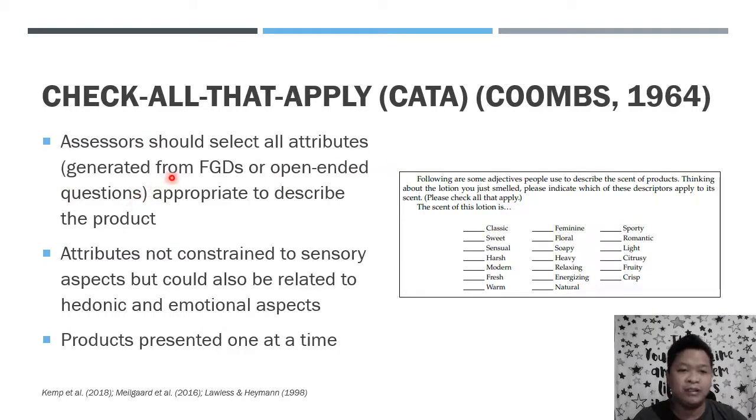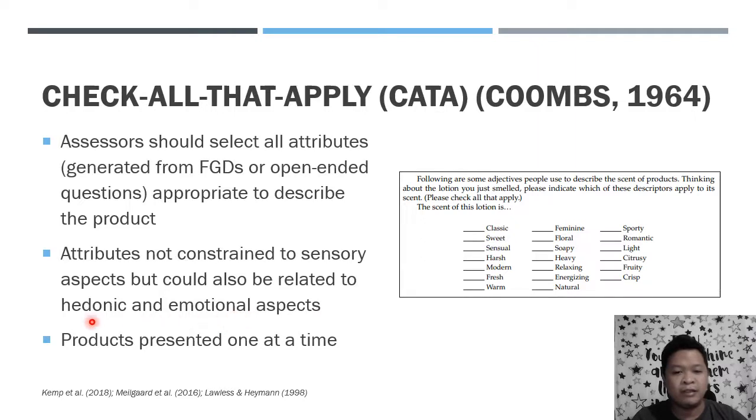Ito ay na-obtain through focus group discussions or other open-ended questioning methods. And then the panelist, from the name itself implies, just checks all of those things that apply. So it's not so much a quantification of the intensity, but rather a profiling of which attributes are present.